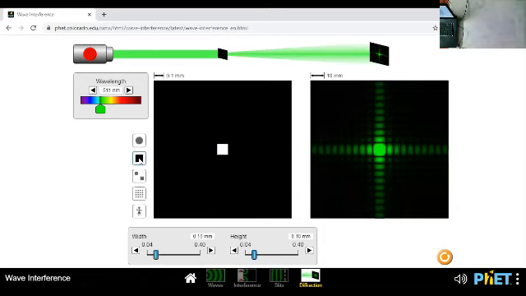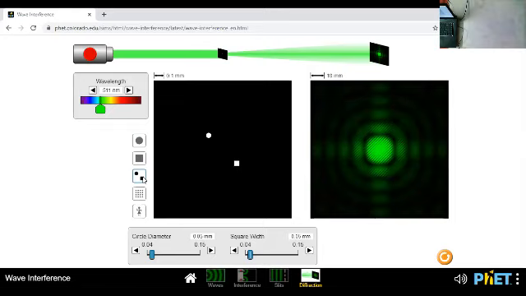So you can see how the pattern differs for different shapes. This is the pattern for a square. If we use a square obstacle, we get a pattern like this. If we use a square and a circle like this, we get that. If you observe clearly, the circle and square are not at a single point; they are separated by a certain distance.